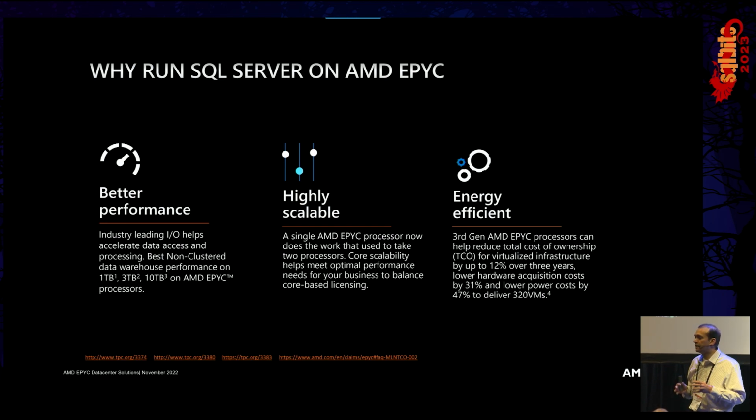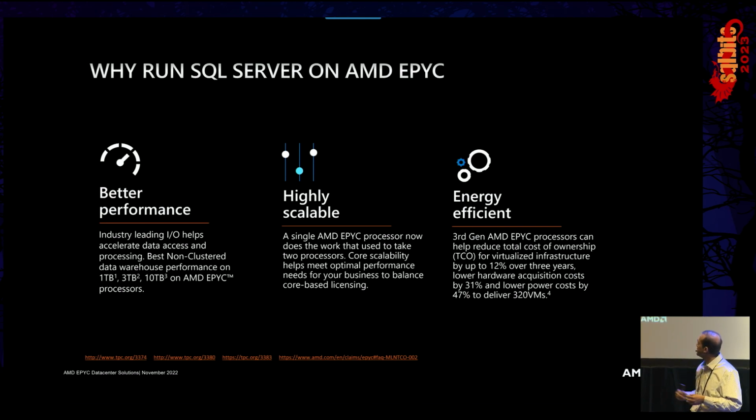AMD products are manufactured on very advanced process nodes, which saves a lot of power. And because of the performance, you can also get quite a bit of TCO improvement, because of the overall power costs that you could save. That translates to better TCO. So we have several world records there as well.